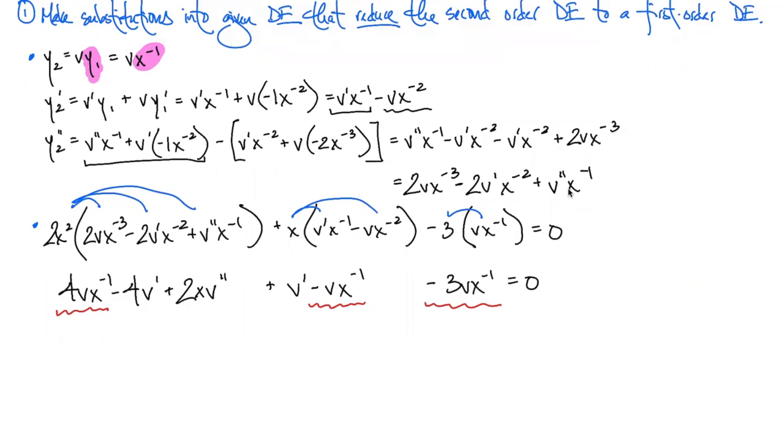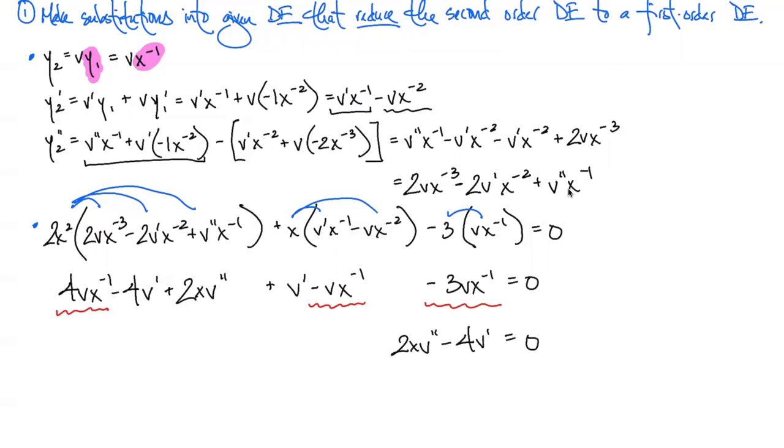Exactly. We're going to have 0 of those left. And so what do we have on this left-hand side? We actually have 2x v double prime minus 4v prime equals 0.